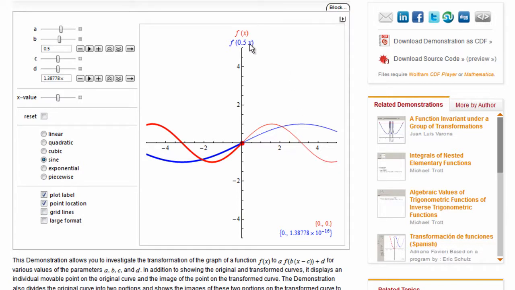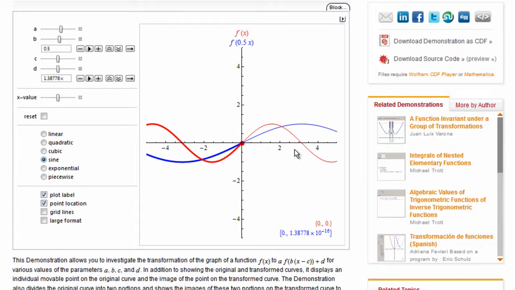But when I plug in 4 to the other function, it thinks I want to know what f of 2 is, which is roughly a positive 1. So when I plug in 4 for x into the blue function, it thinks, oh, f of 2? Yeah, you're roughly at a height of 1, which is exactly what f of 0.5 times 4 is.